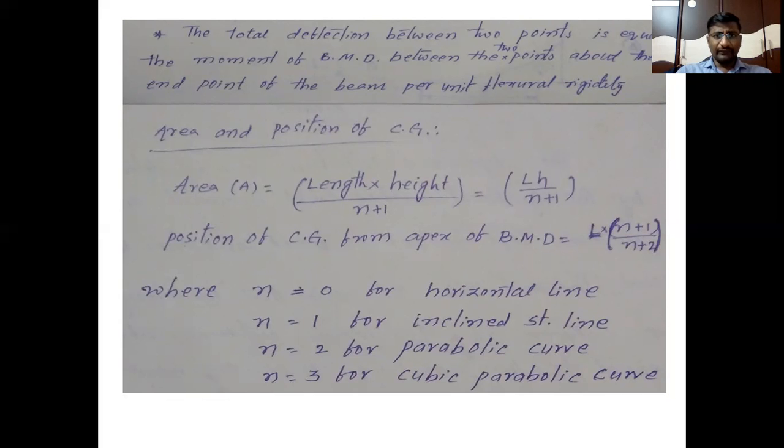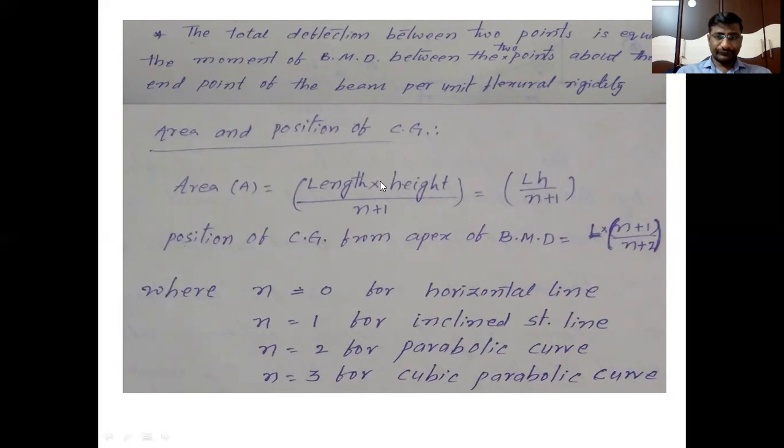Clear? In this method, these two formulas are very important. LH by n plus 1, L into n plus 1 by n plus 2. These two formulas are very important to calculate the slope and deflections. And n equal to 0 for horizontal line, n equal to 1 for inclined straight line, n equal to 2 for parabolic curve, and n equal to 3 for cubic parabolic curve.